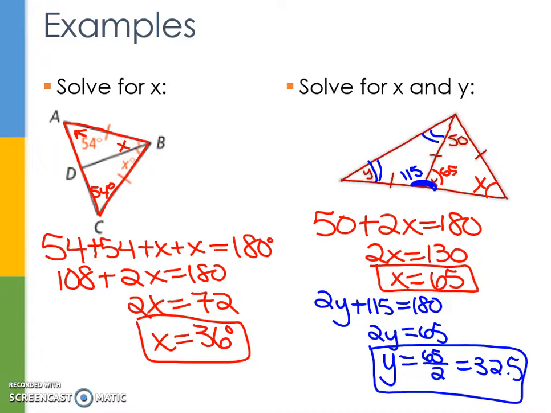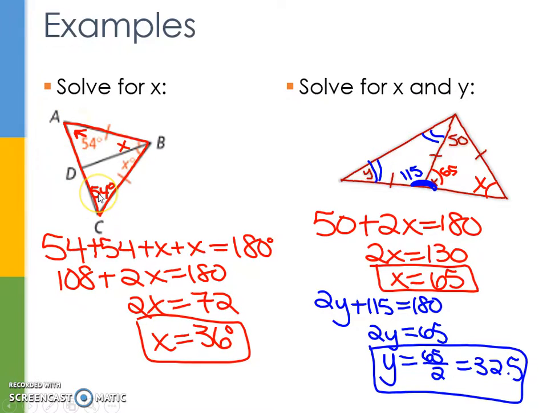So we're going to go ahead and solve for x for each shape. This one we're solving for x. If this is x, and this mark shows they are equal to each other, then this is x. We write 54 here.